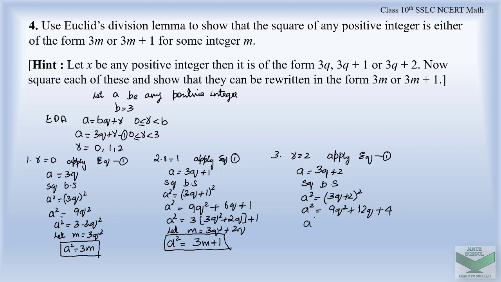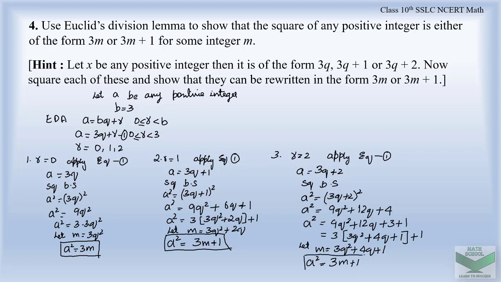Now again let us rearrange this term. Let us write 9q square plus 12q. So instead of 4 we will write 3 plus 1. Now taking 3 common factor in these three terms, you get 3q square plus 4q plus 1, and plus 1. Now let m is equal to 3q square plus 4q plus 1. Therefore, a square can be written as 3m plus 1.